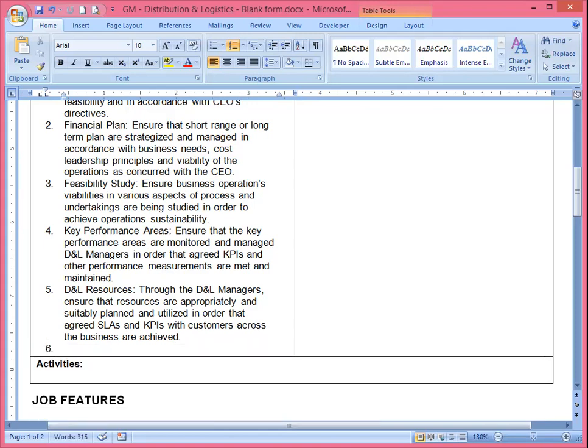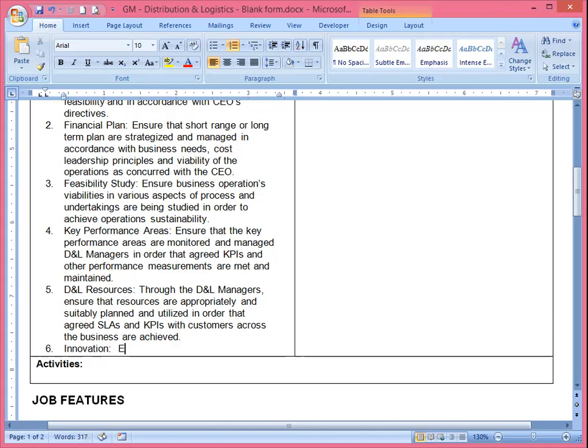Next one, I have to include innovation because it is very important, and it is mostly neglected by managers, especially those in operations. There should be innovation. This is one good value that we have to adopt.